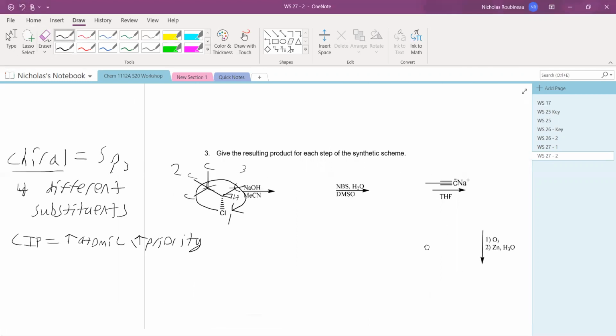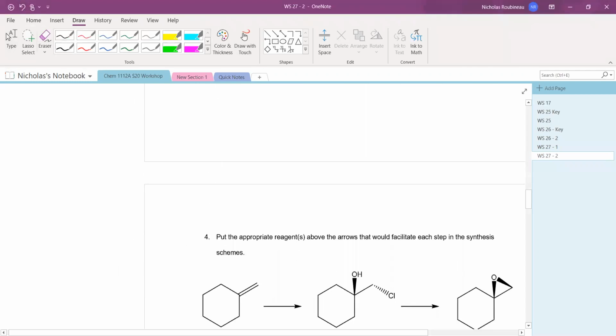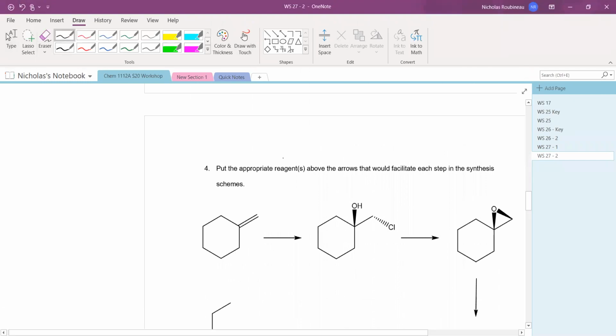This is kind of tricky. So we have the alcohol and we have a hydrogen on a dash, I guess, and then the alkyl chloride there.